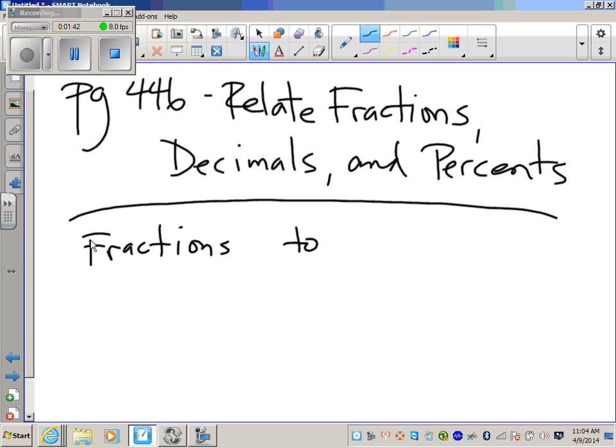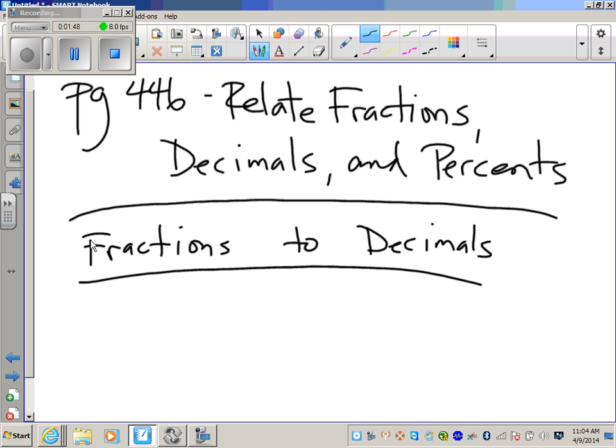fractions to decimals first. Okay. So you're going to start this little section of your notes that says fractions to decimals. I'm going to convert fractions to decimals. Okay. And we've done this before.